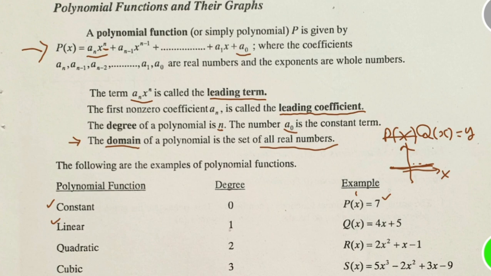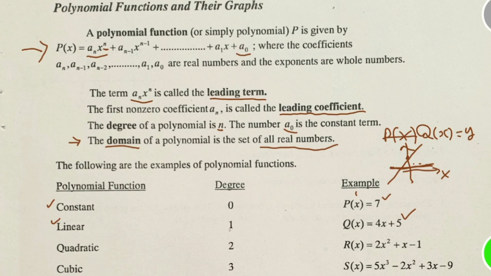This is a straight line. You learn this in the straight line section. For instance, if x is 0, y is 5. If x is 1, y is 9, and so on. So you will get a straight line, not vertical, not horizontal. This type of equation gives a straight line.